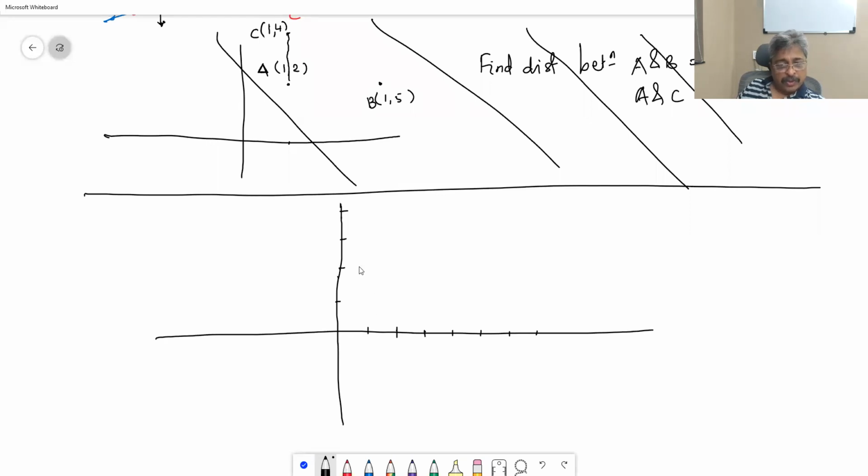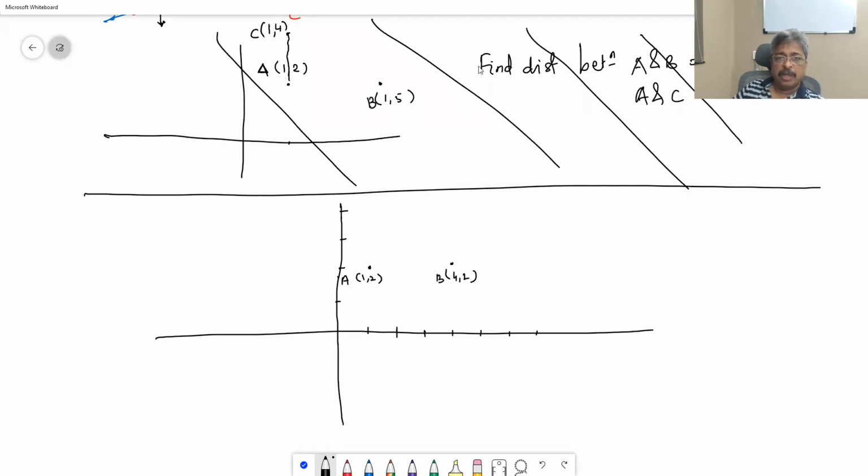Let me take the first point as 1 comma 2, it is here, and the second point should be 4 comma 2. This is 1 comma 2, this is 4 comma 2, A, B.